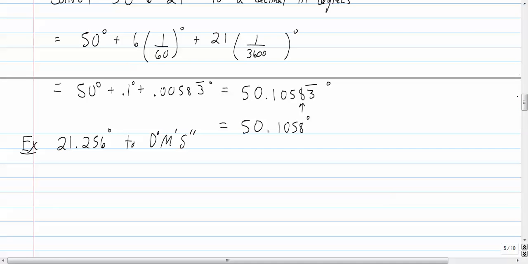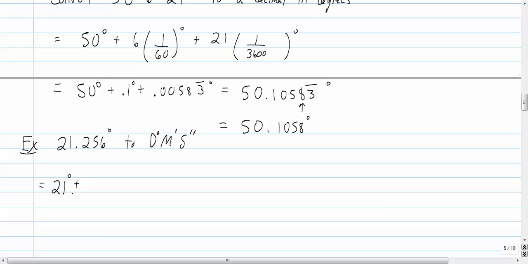I bet everyone in here could figure out what the degree part is, right? Use the knowledge that we got from converting the other way. 21. So the first part is 21. It's 21 degrees. Now I'm just going to put plus, and we're going to figure out the other parts as we go.